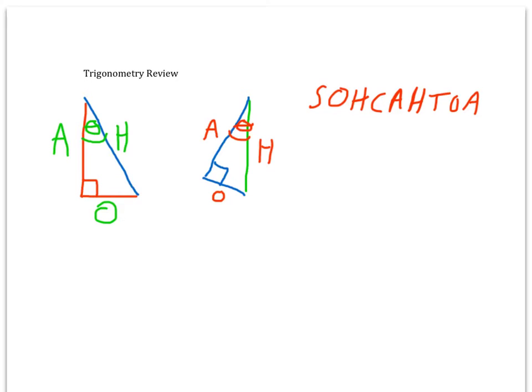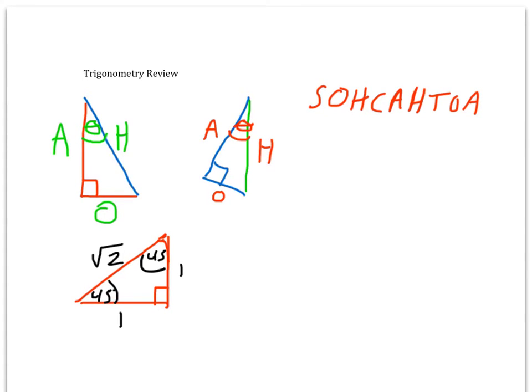Of course, you know a 45 degree angle, 45, 45, 90. So let's say that if that's 45 degrees, and that's 45 degrees, then this is 1, that's 1, and this is root 2.